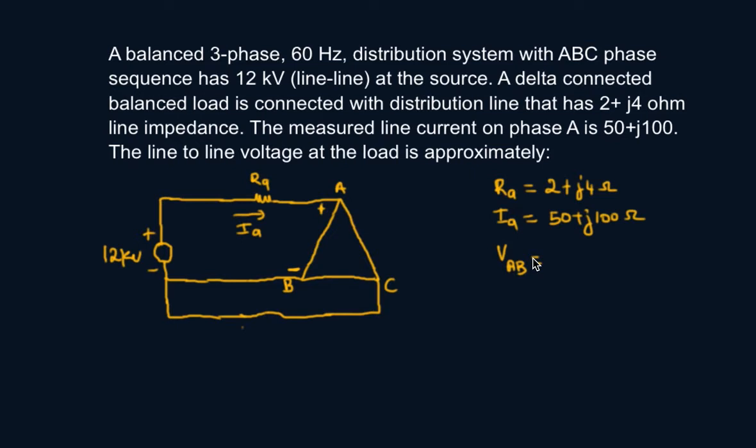In order to do this, we have to get the phase voltages and solve this per phase first, and then bring it back to line. And there's some confusion also between line and phase: where do you put the square root of 3?